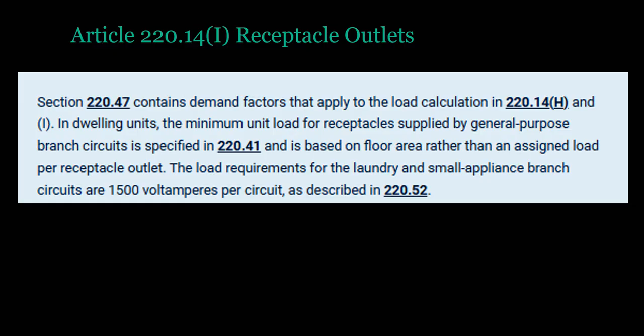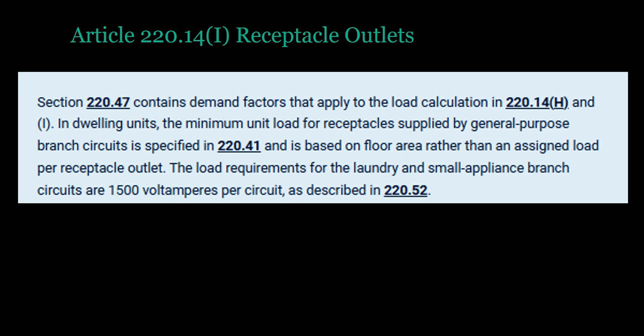Now, I'm probably jumping ahead on my own presentation here, but when you're calculating for a residential single-family dwelling load, the very first thing in that calculation is taking the square footage of the dwelling unit. Say it's a 1,000 square foot home, you take that times 3 volt-amperes per square foot, so that's 3,000 VA.